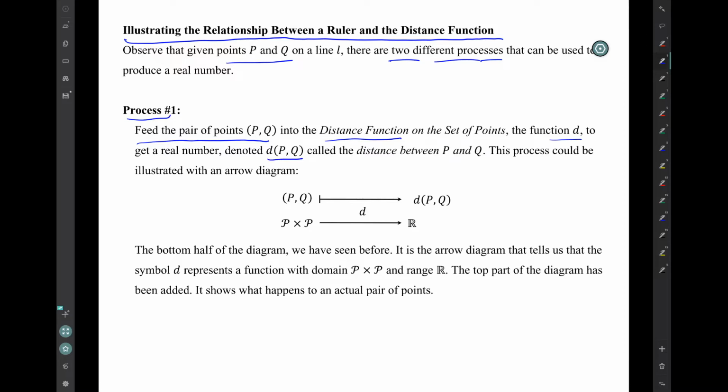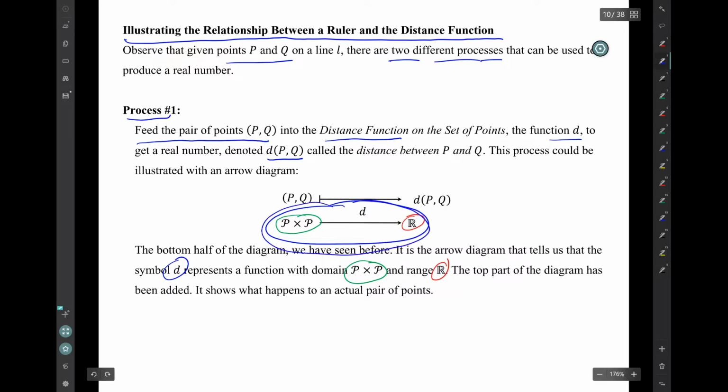That process could be illustrated with this arrow diagram. The bottom half of this diagram we've seen before. It's part of the arrow diagram that tells us that d is a function with domain script P cross script P and range R. So we've seen that kind of arrow diagram in the function description for d.